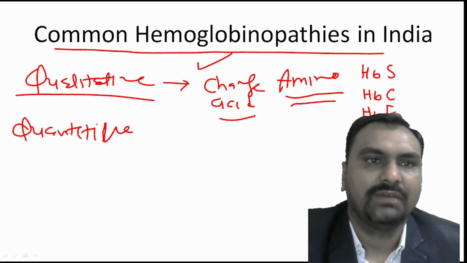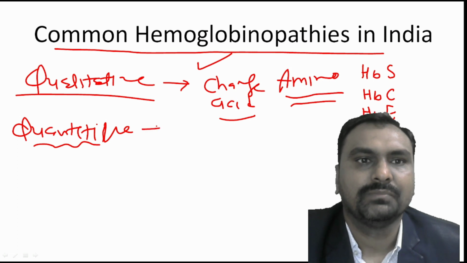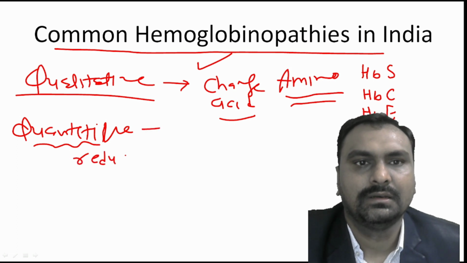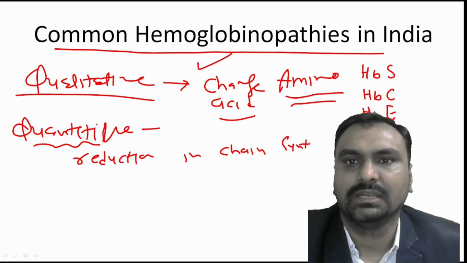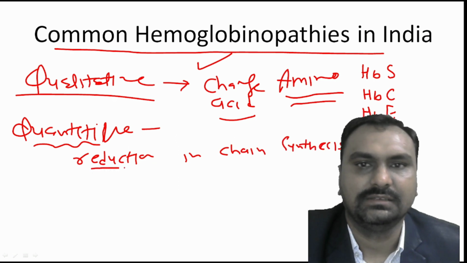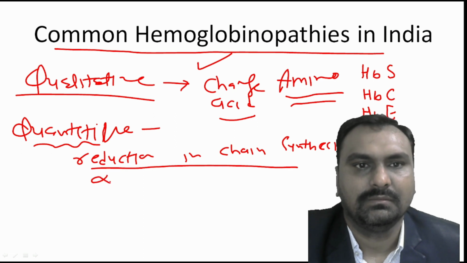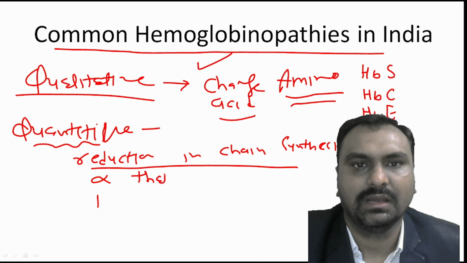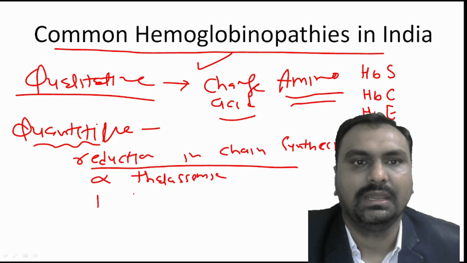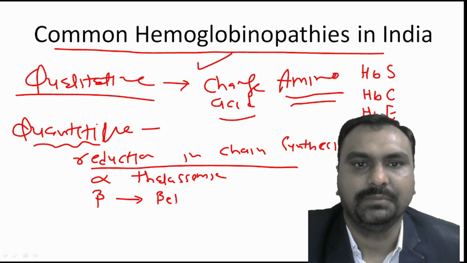While in quantitative hemoglobinopathy, there is a reduction in chain synthesis. If the alpha chain is reduced, it is alpha thalassemia, and if the beta chain is reduced or not synthesized, it is beta thalassemia.